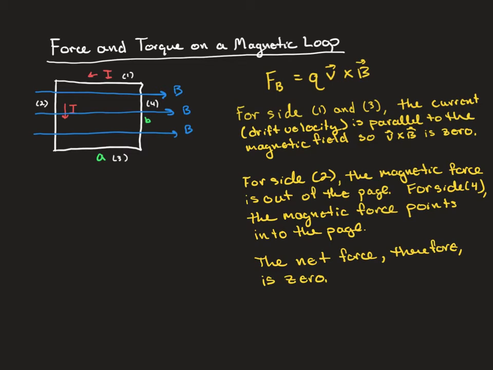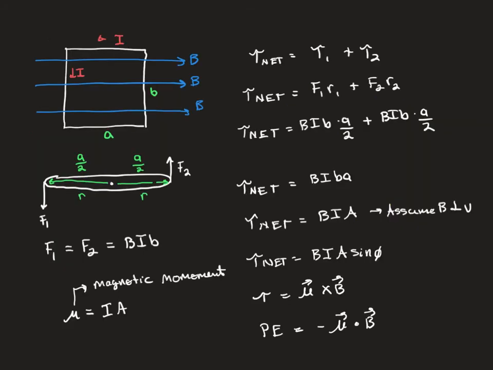But now we're going to look at this from the torque perspective. The fact that these forces are equal but opposite means we're actually going to cause a rotation, because there is a net torque applied. So let's look at that. I've redrawn the original picture here with our magnetic field and our current going around, but now I've drawn a top-down view. We have force 1 coming out and force 2 going in.